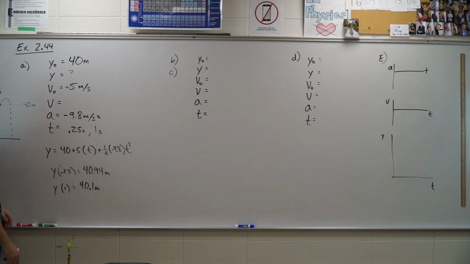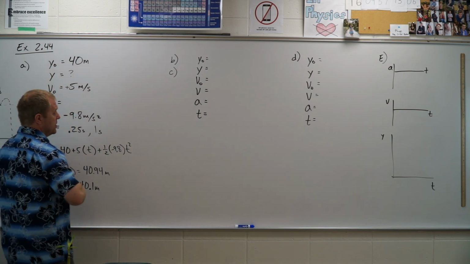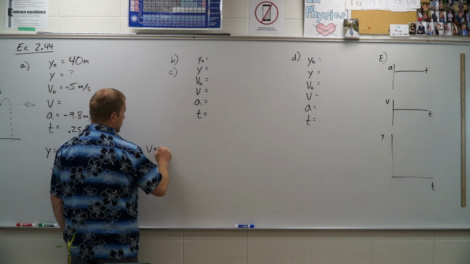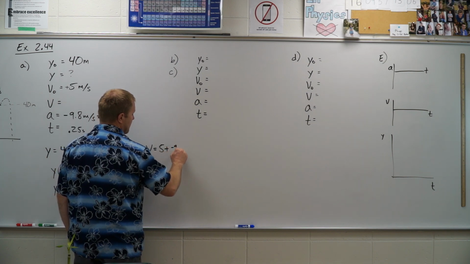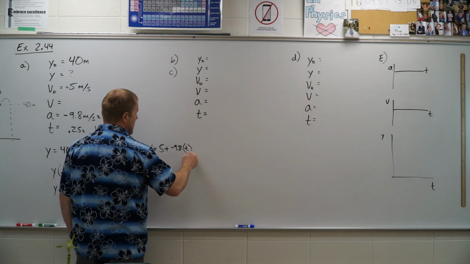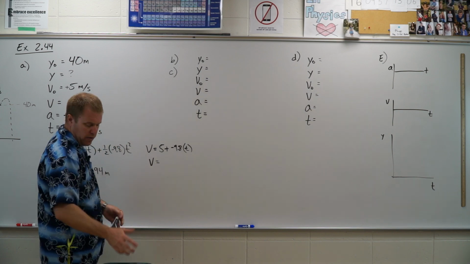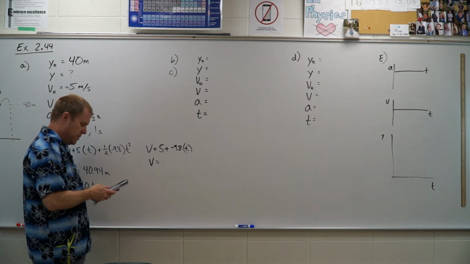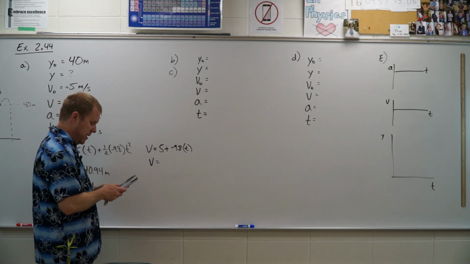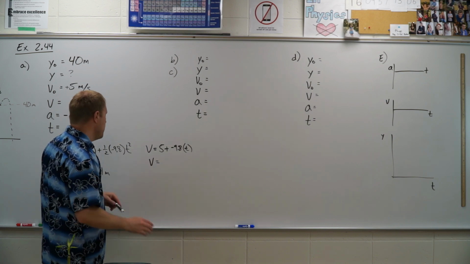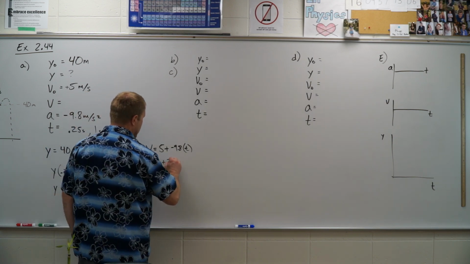That's where they want us to find the final velocity. And so I say, okay, v is equal to 5 plus negative 9.8 times t. I plug my values in here. 5 minus 9.8 divided by 4 gives me 2.55, and it is positive.